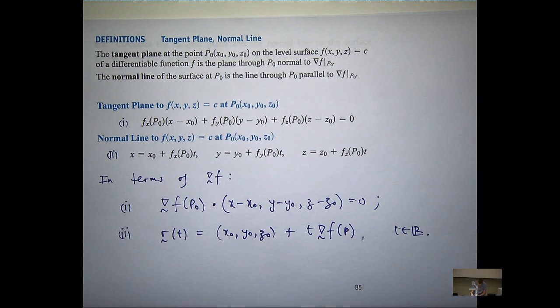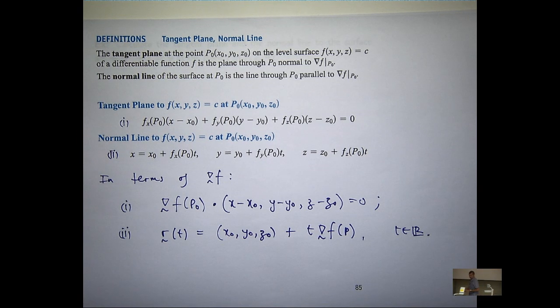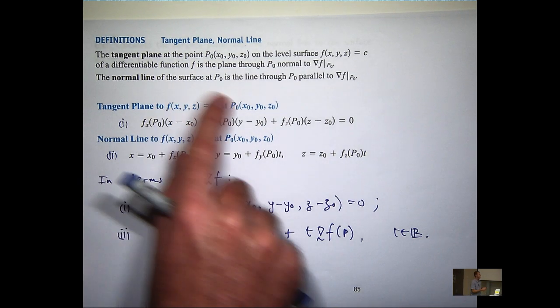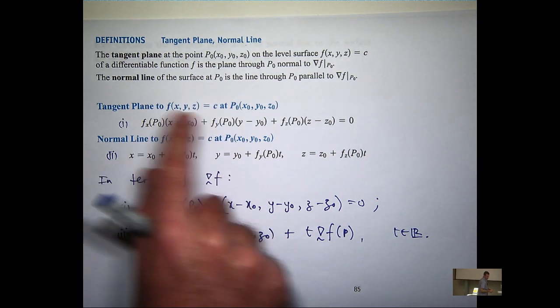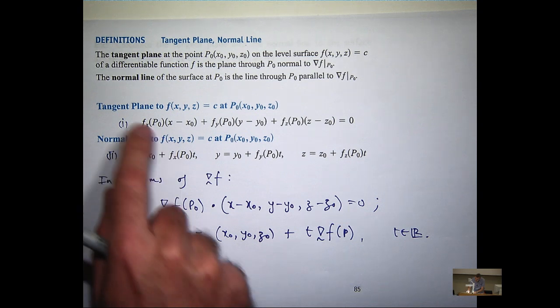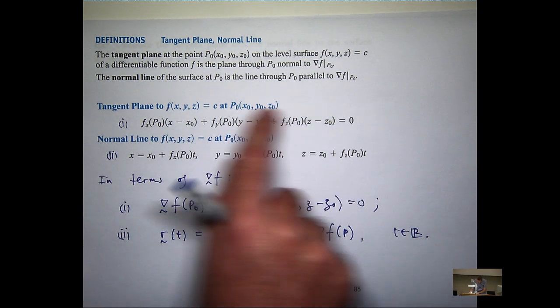Now, I did say that one of the nice things about grad f is that it allows you to simplify notation, really compact it down, so you don't have to write out partial derivatives all the time. So these are 2 important pieces of information. Suppose I have a surface generated by this function and some point P0.